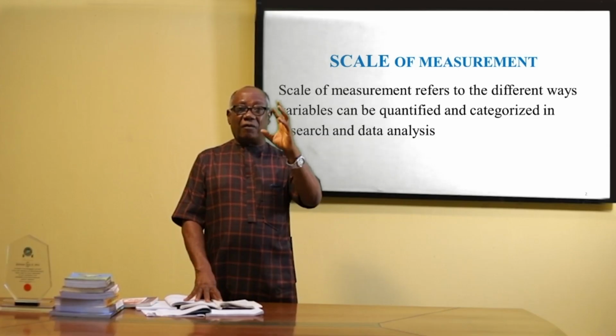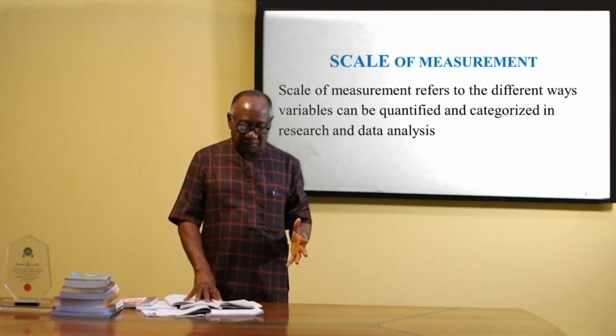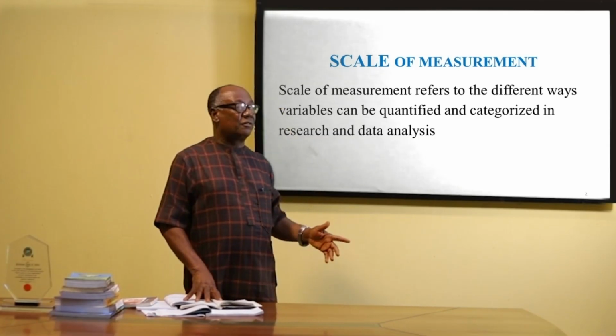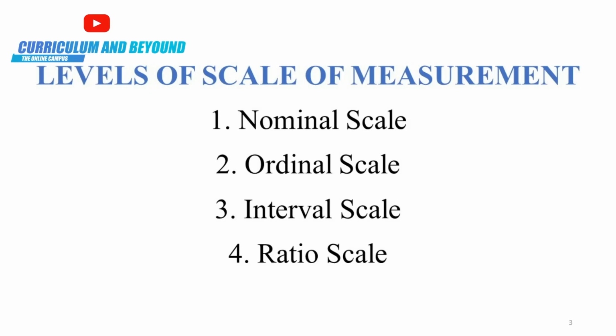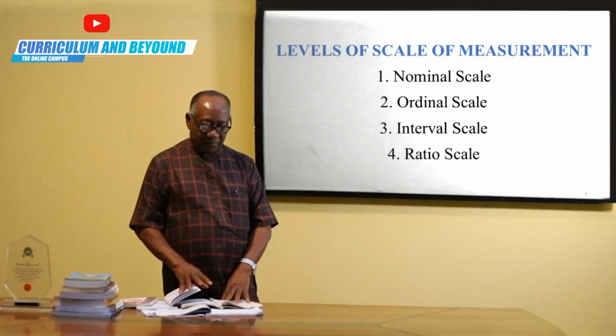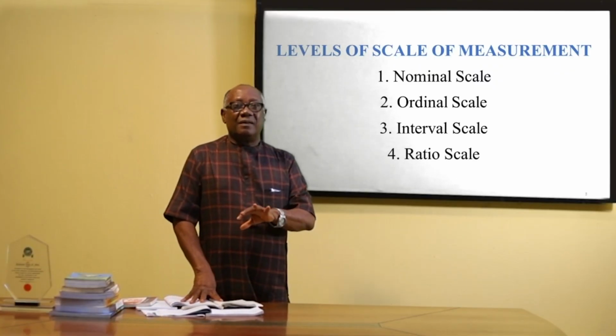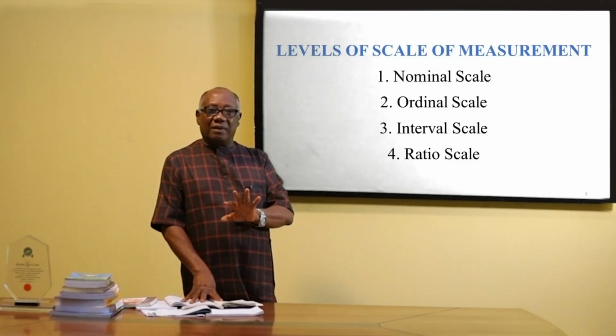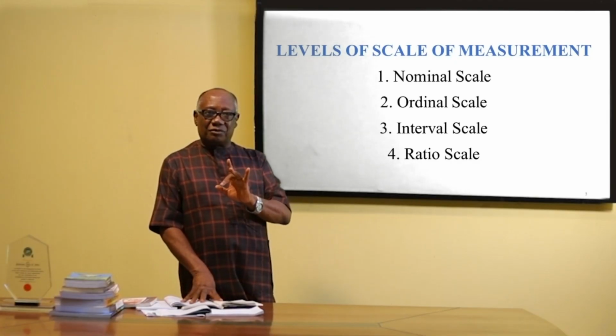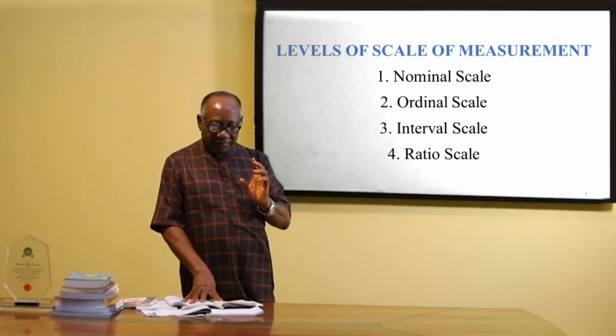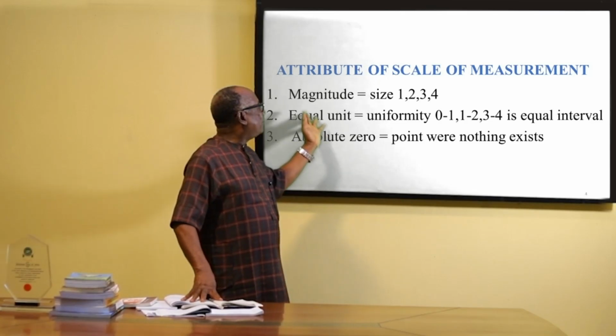The 4 levels or scales of measurement are as follows: nominal scale, ordinal scale, interval scale, and ratio scale. These are 4. Now, every scale of measurement has attributes.